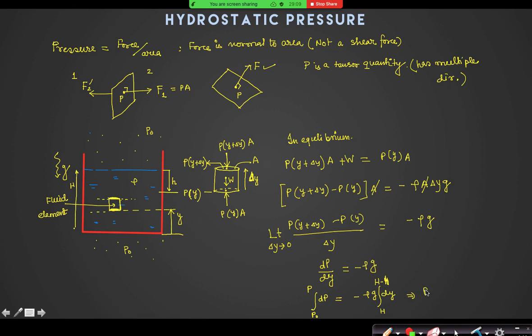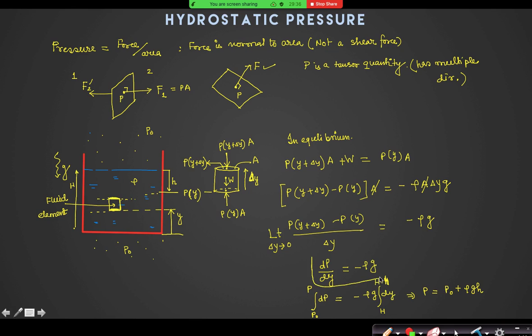So you can see that P will be equal to P naught minus rho g capital H plus rho g small h minus rho g capital H. So this will be your answer for the pressure at any depth h: P naught plus rho g h. Although it seems very simple, you have to use this formula.